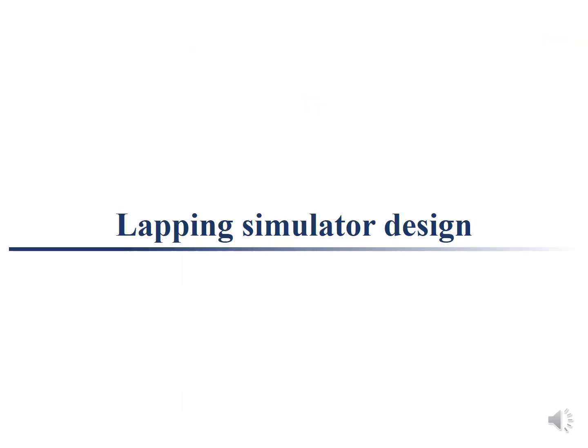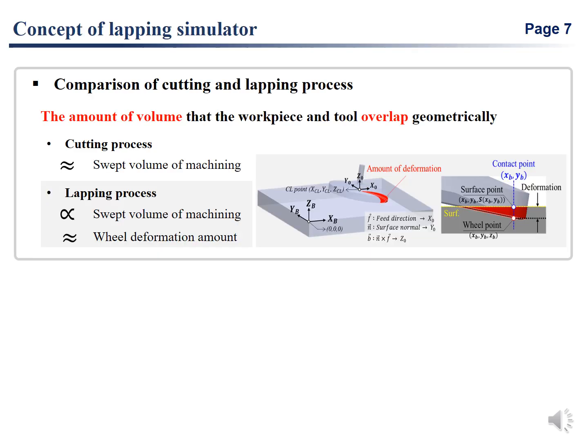From now on, I will deal with lapping simulator design. This page shows the concept of the lapping simulator. Normally, the amount of volume that the workpiece and tool overlap geometrically applies differently in cutting and lapping processes. In the cutting process, this overlapped volume is similar to the swept volume of machining.